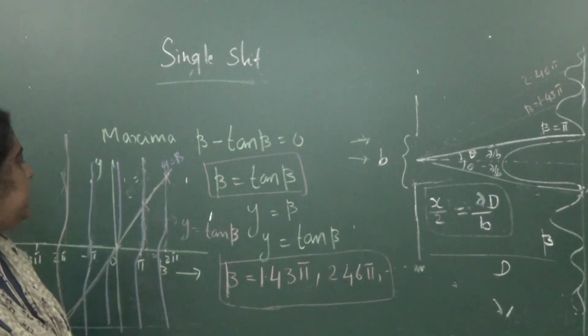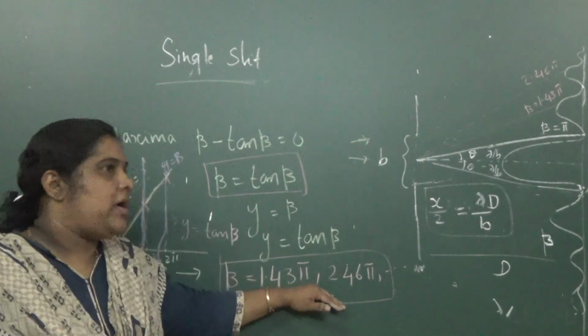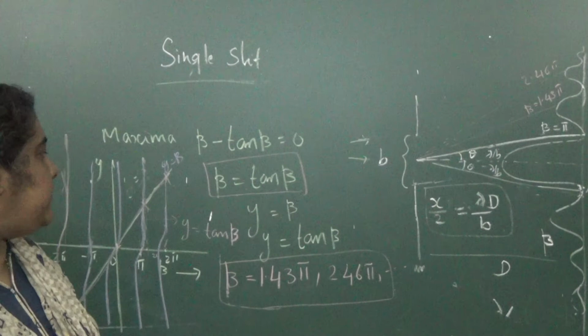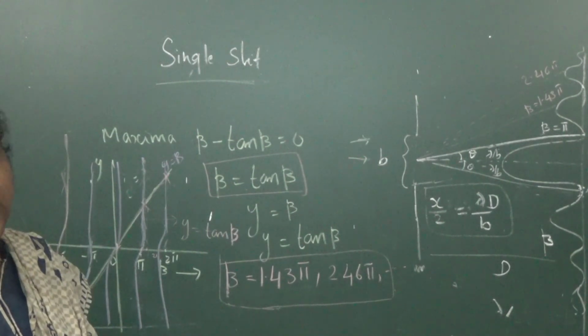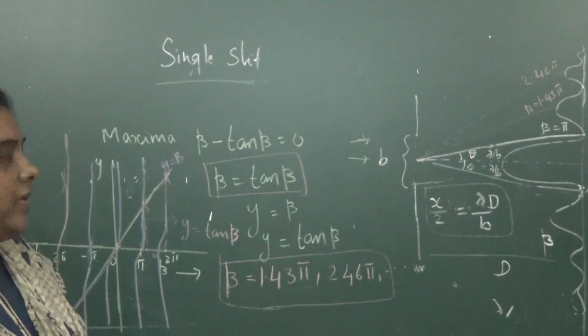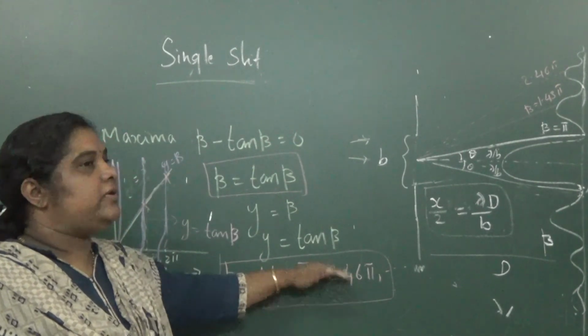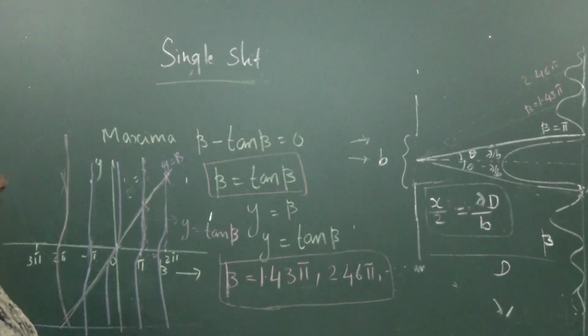Okay. So this is the condition for maxima, not m pi by 2 like that. In the last case we got beta is equal to m pi for minima. But in this case, not m pi, it is 1.43 pi and 2.46 pi. Very important result. Okay.